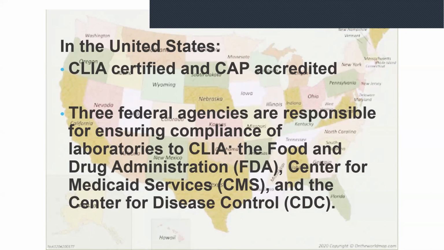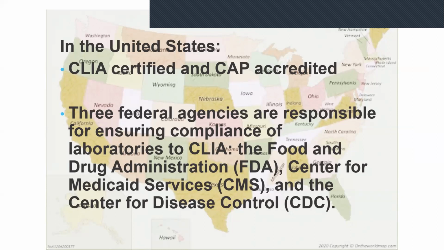So you can see how complex, and each country has its own complexity regarding the certification and who they deem able to accredit laboratories, because you can have an accreditation done by the Joint Commission, which is recognized by the Centers for Medicare and Medicaid Services.